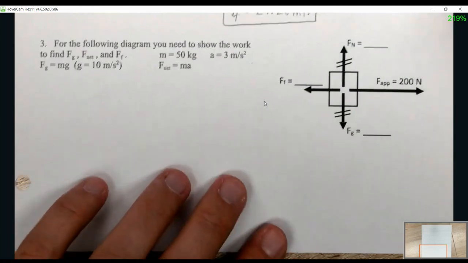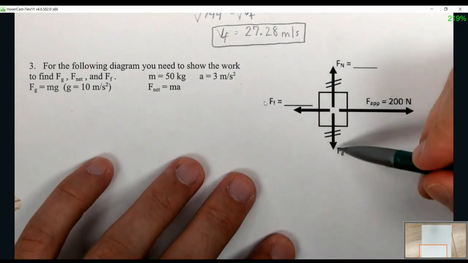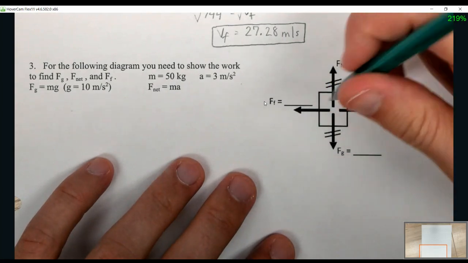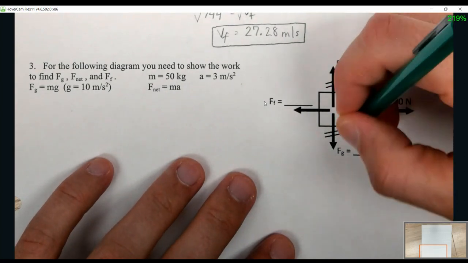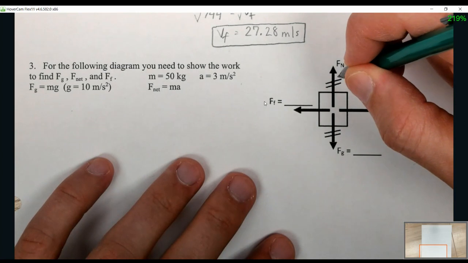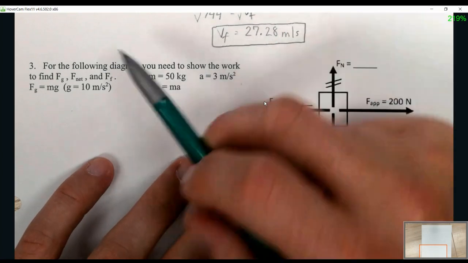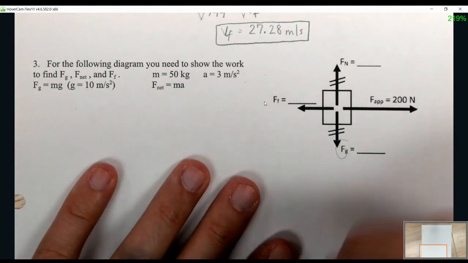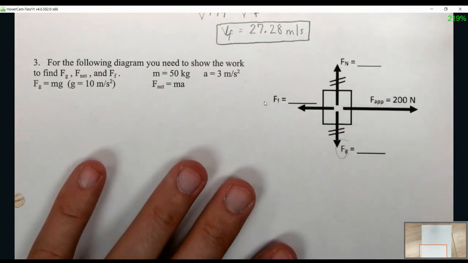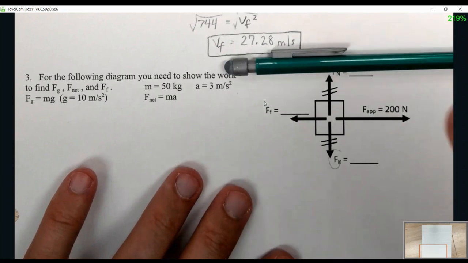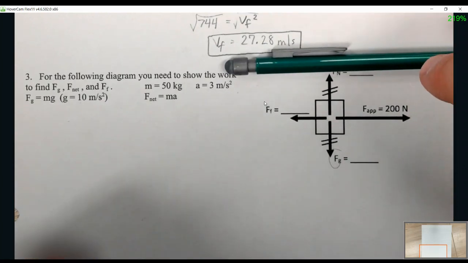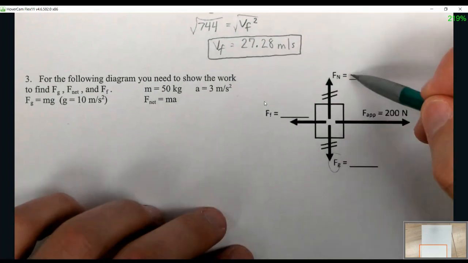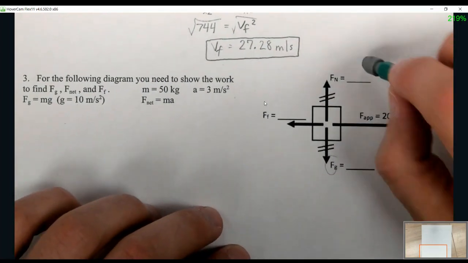So hopefully you guys remember that on a free body diagram, if something is sitting on a flat surface, everything that has mass is under the influence of gravity, has weight, Fg, which I wrote the equation over here, mass times gravity, we're using 10. If it's sitting on the ground and not moving, like this pen is not falling down through the table, that means we have to have a force going upward. On a flat surface like that, we're calling that the normal force.